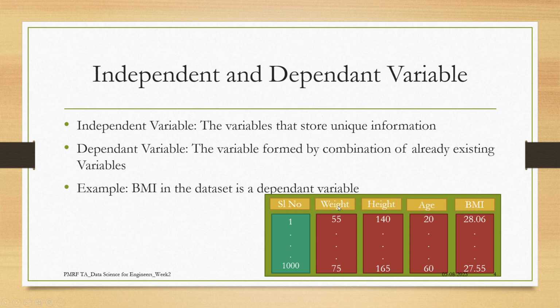You know that BMI has a relationship with the height and weight, right? So in that case, you can say that the BMI column is dependent on the independent variables, which are weight and height.